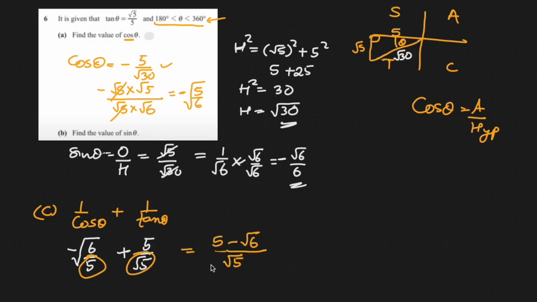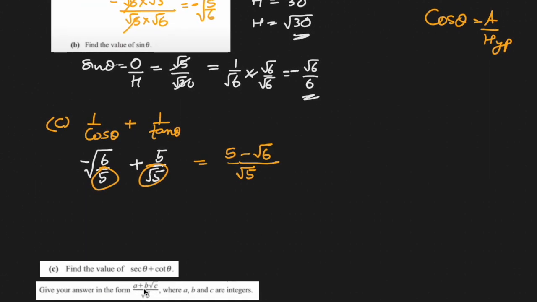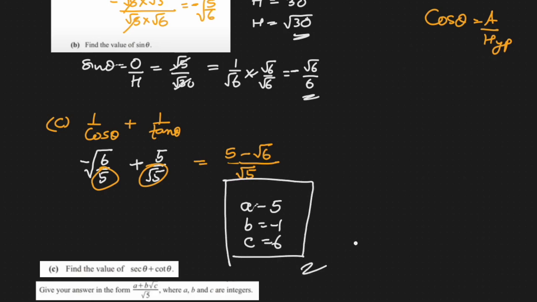And this is what they wanted. If you look at the question again, this is the format they wanted: A plus B square root C. So in this regard, A comes out to be 5, B is negative 1, and C is 6. Done.